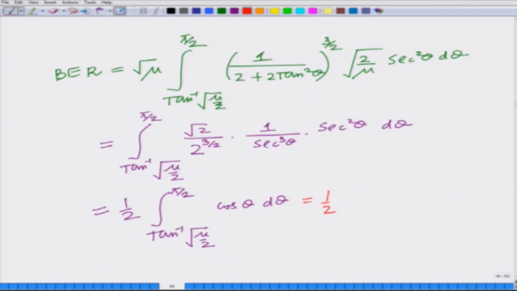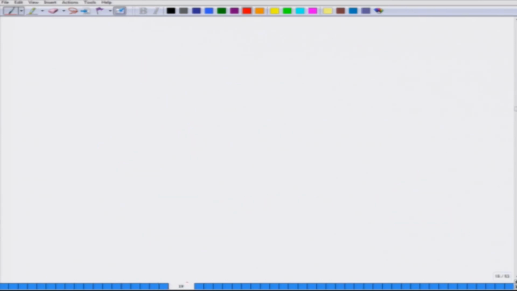So, this is half of sine of theta evaluated between the limits tan inverse square root of mu over 2 to pi by 2, and therefore, the bit error rate is equal to half times sine of pi by 2, which is 1, minus sine of tan inverse of square root of mu divided by 2.